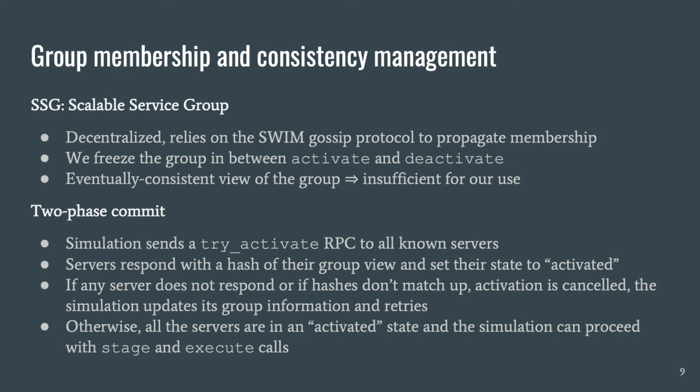Before it retries, it's going to contact the server and ask that server for its most up-to-date view of the group. Otherwise, if all the hashes are consistent, then the simulation knows that the activation was successful and all the servers are in an activated state and they won't rescale until the next deactivate call. And so the simulation can continue with stage and execute calls.